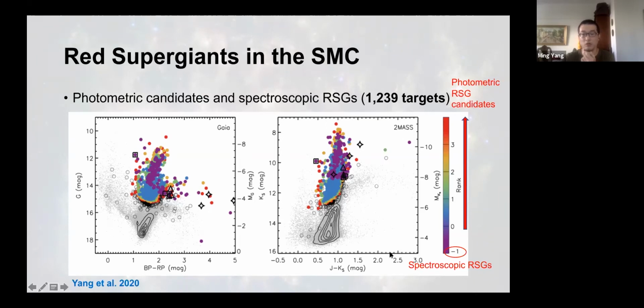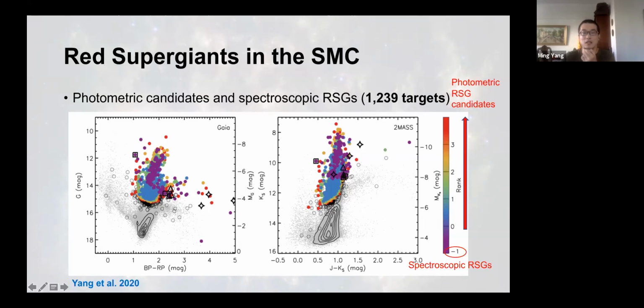Here, we also included some spectroscopic red supergiant stars, because we applied some constraints in astrometry and photometry, so you may lose some spectroscopic red supergiant stars. The photometric candidates have been identified as a red supergiant star in at least 2 CMDs, so this sample is more or less reliable. We have 1,200 targets, more or less.